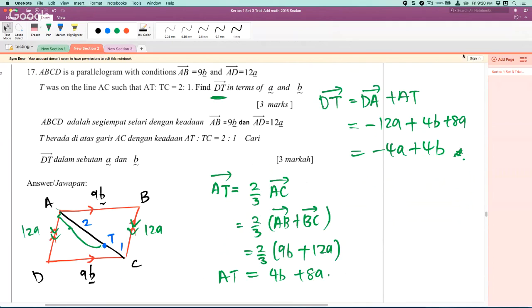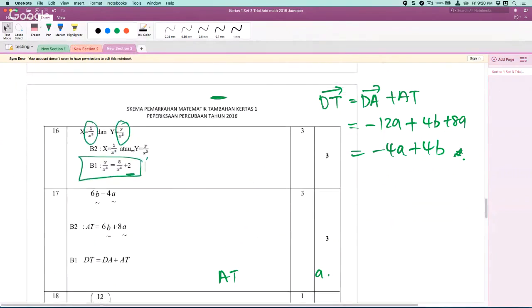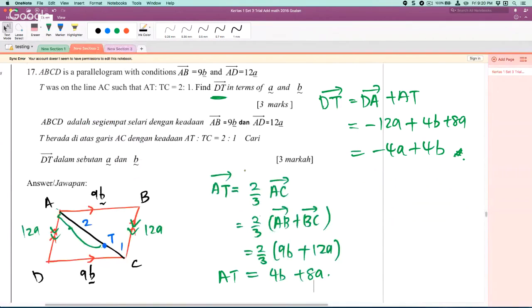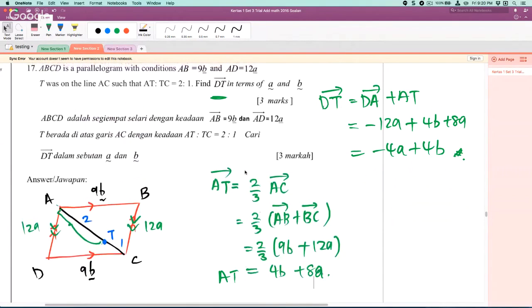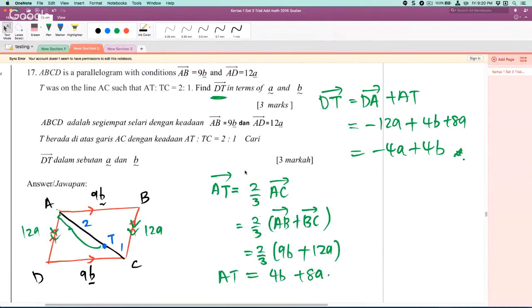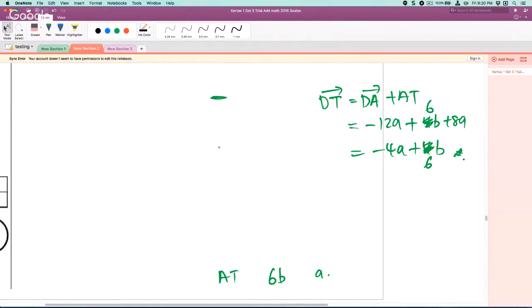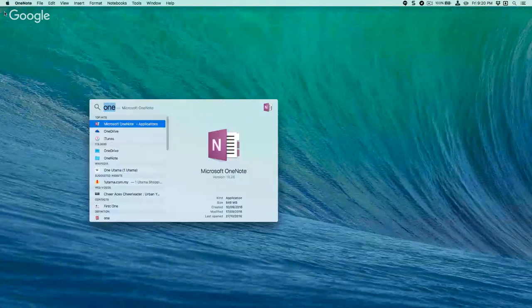But let me double check, is my answer correct? 17. 6b minus 12a. Why is there 6b? Is something wrong here, or did I multiply wrongly? Oh, this is 6, sorry. This is 6b. What's wrong with my math? Okay, so yes, this is 6, and this is 6. All right, then this is correct, because 2/3 multiplied by 9 gives you 6. All right, this is just a simple question. Don't make careless mistakes like me. I'm just another bad example.